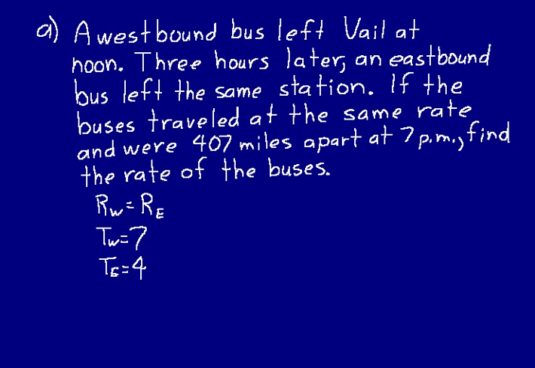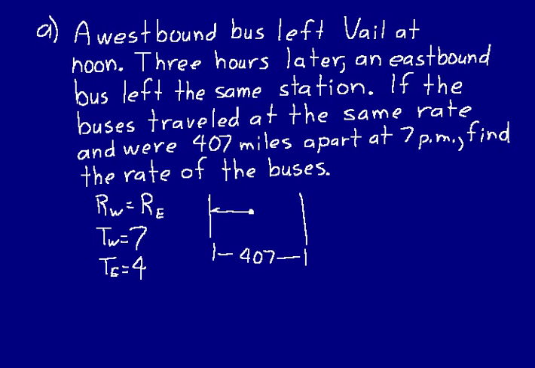This is where we use our diagram. And let's just think about what's happening here. For the situation right now, the buses are 407 miles apart. Okay? So they started at the same spot though. One of them went west and the other one went east.